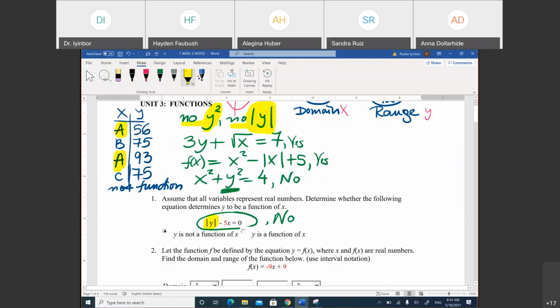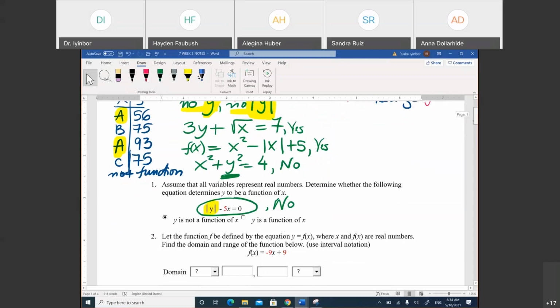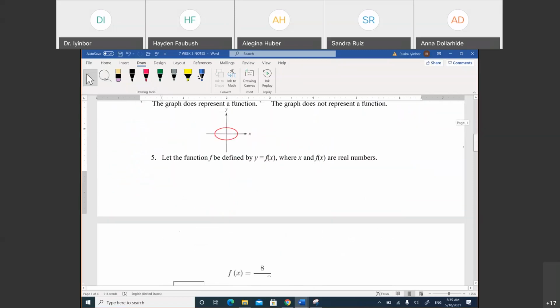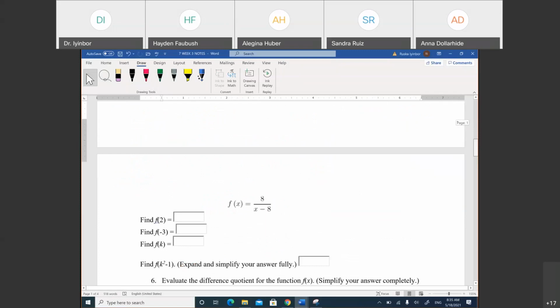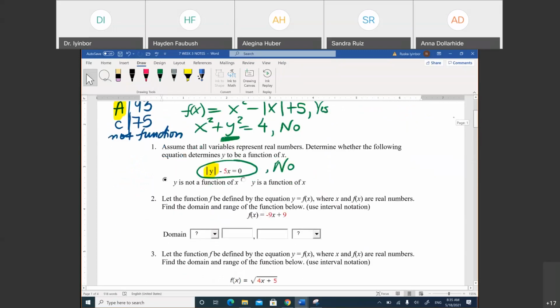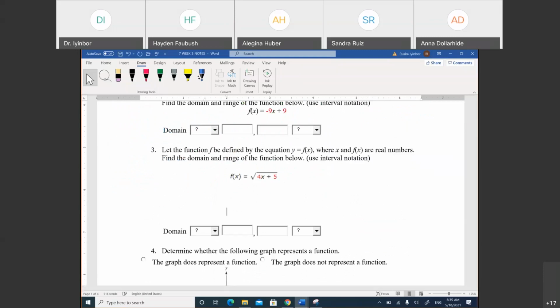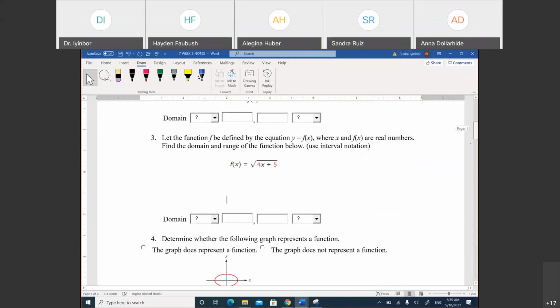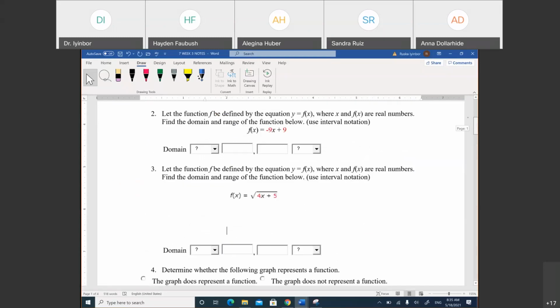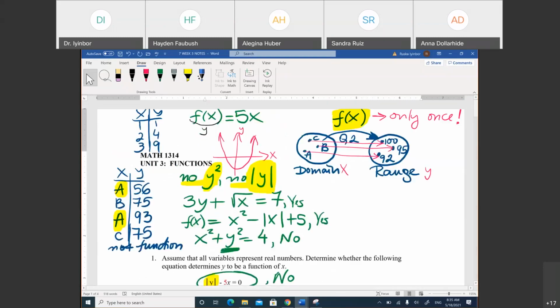Because of this. So everybody understand how to check if it's a function or not? In the actual assignments, you're going to have a little more. So that's how you check if an equation is a function.